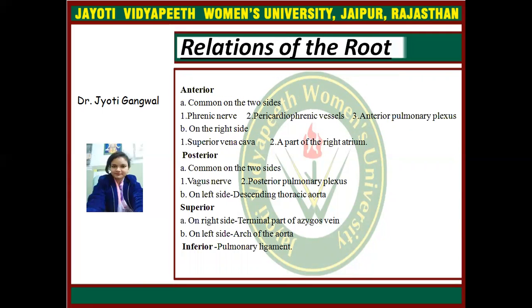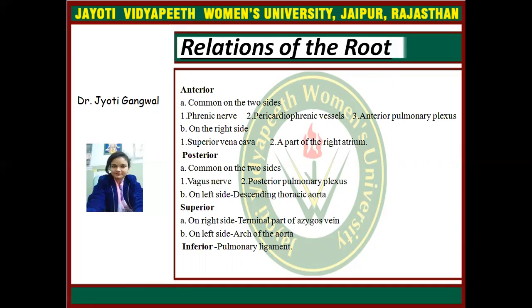Now the relations of the root. Anteriorly, common on the two sides are the phrenic nerve, pericardiophrenic vessels, and anterior pulmonary plexus, and the special relation on the right side anteriorly is the superior vena cava and a part of the right atrium.